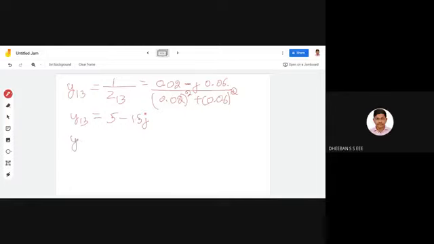Moving to y23, it will be 1 by z23. We'll be getting 0.04 minus j 0.12, and over here 0.04 the whole square plus 0.12 the whole square.